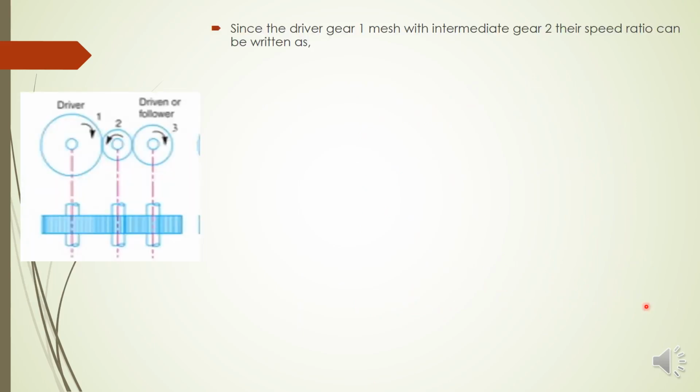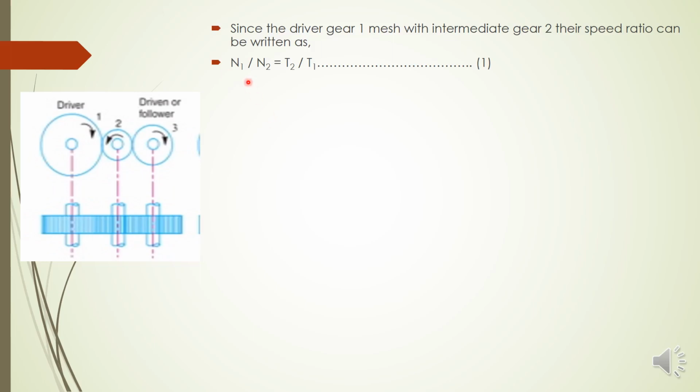So we have considered only the second figure. Since the driver gear 1 meshes with the intermediate gear 2, their speed ratio can be written. How can it be written? Yes, like this: N1 by N2 is equal to T2 by T1.